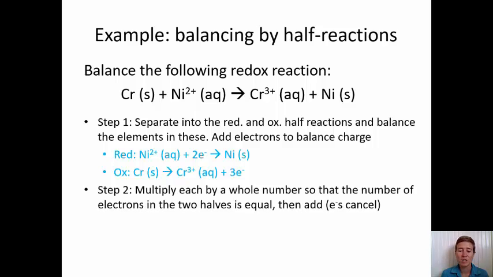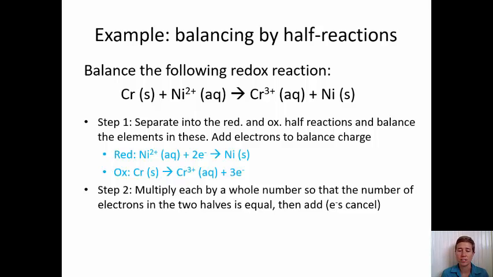Then we need to multiply each by some number so that the number of electrons in the 2 halves is equal so that the electrons cancel. Okay, we can't have electrons floating around on their own, so they have to cancel out. So notice that the reduction will always have one or more electrons in the reactants.